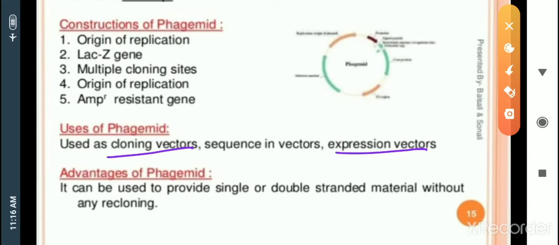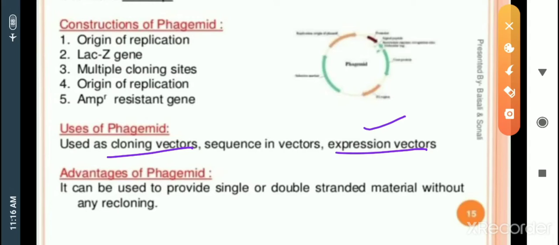So this is like a combined vector, showing the characteristics of both bacteriophages and plasmids. We can use it for cloning purposes, and at the same time we can use it as an expression vector for the expression of any desired characters.